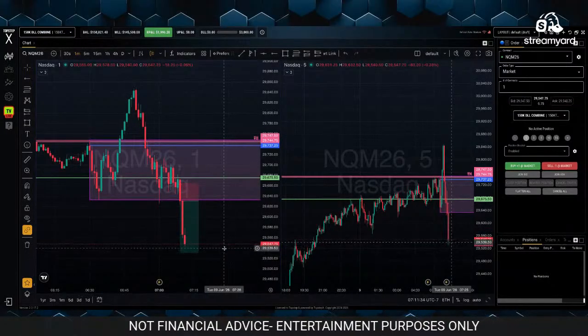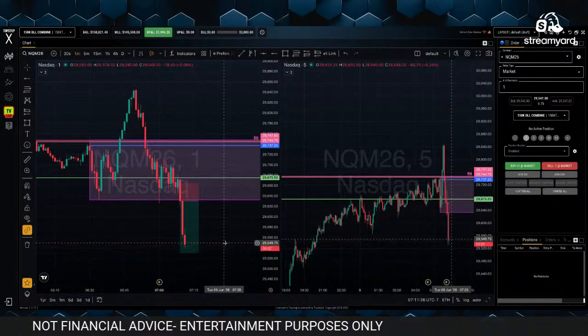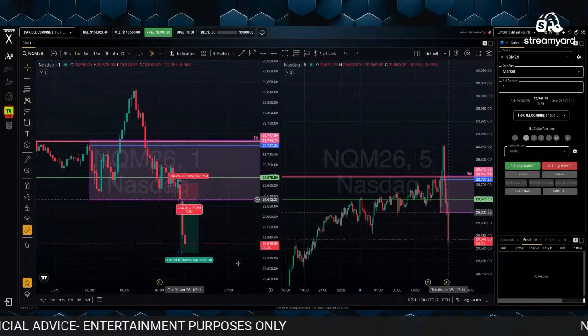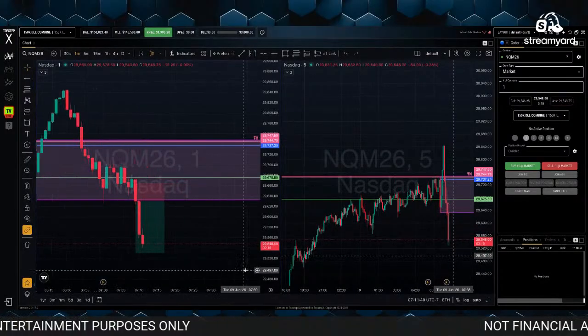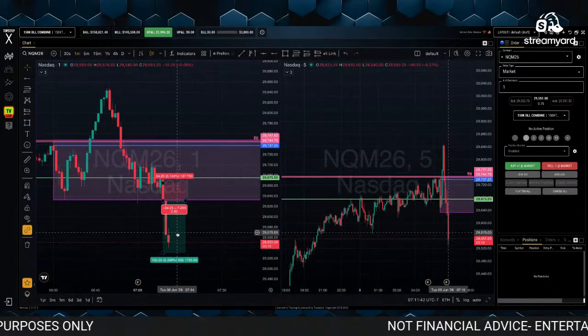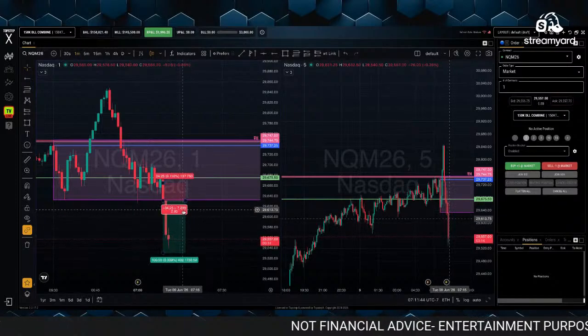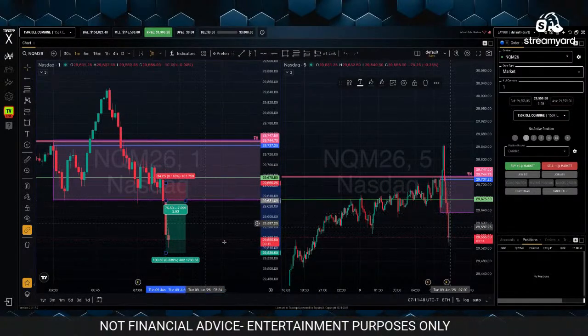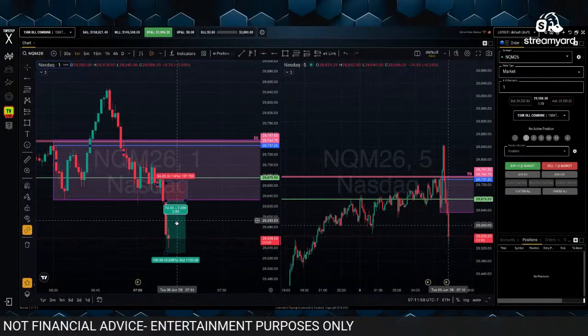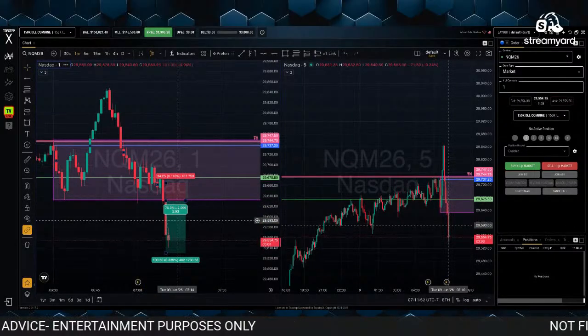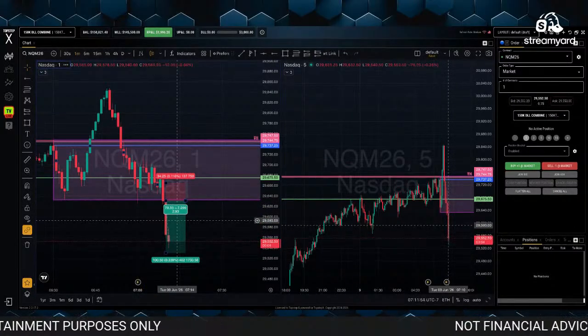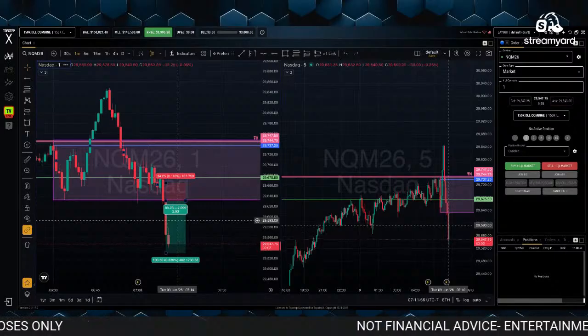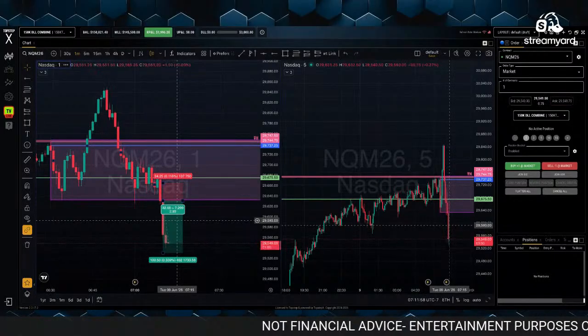And it does strong moves from this area. So that one is up 81 points, 83.